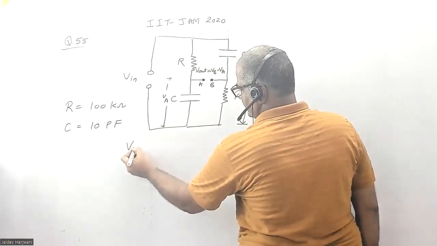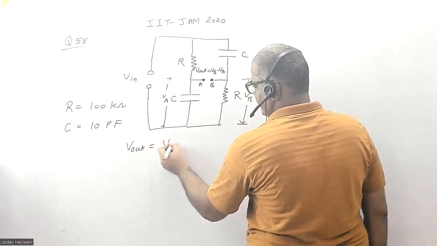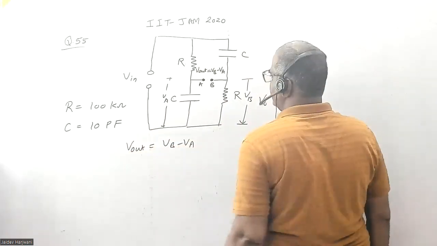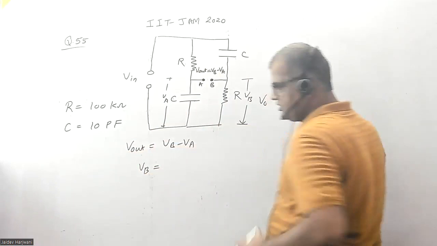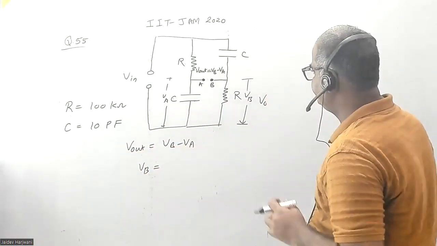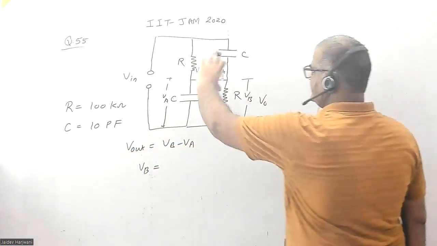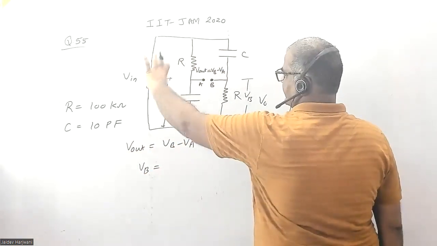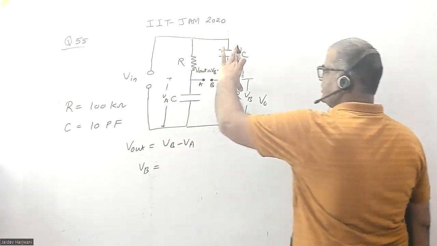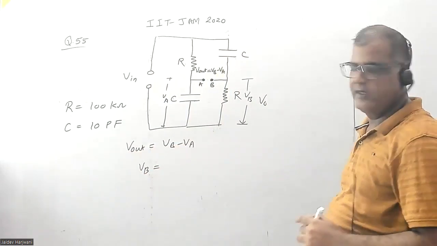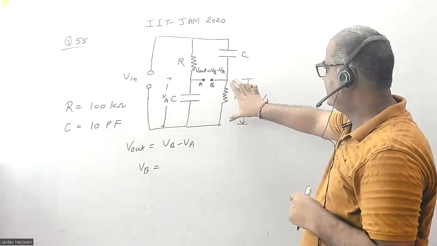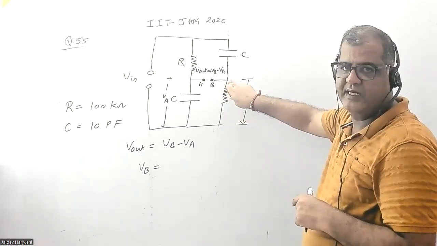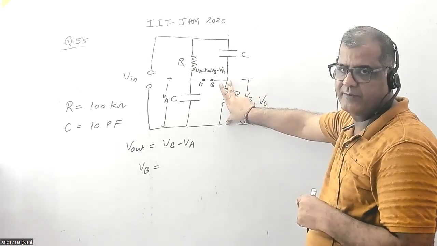Now I want to find VB. If I see this circuit, this whole branch is parallel to V input. That is, the total voltage drop across this branch is V input, and I want to find the voltage at this point, that is the voltage across this branch R.